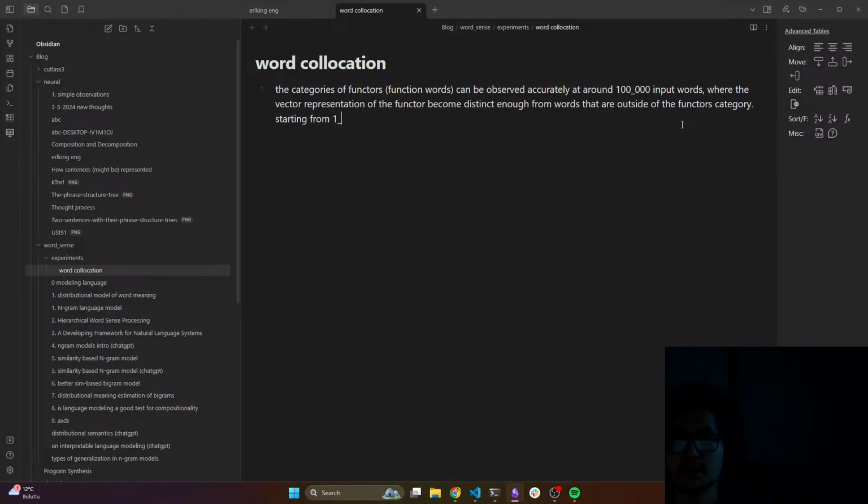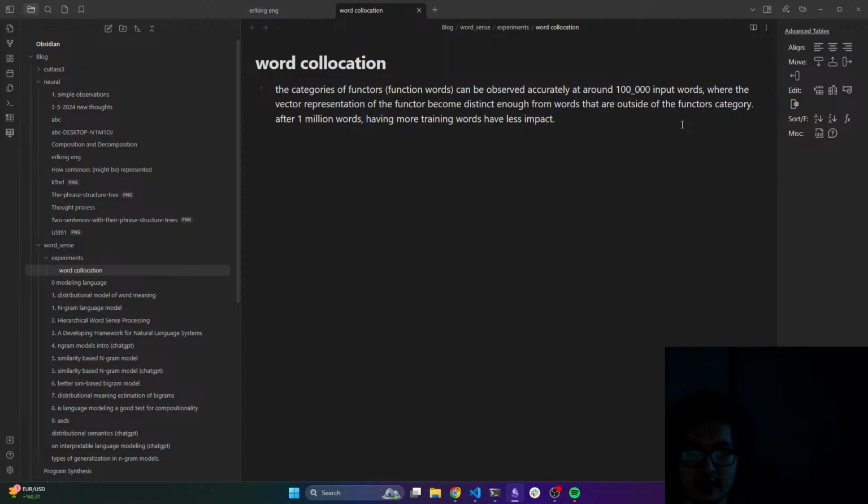Starting from 1 million words, after 1 million words, adding, using more, or having more training words becomes less useful or has less impact.